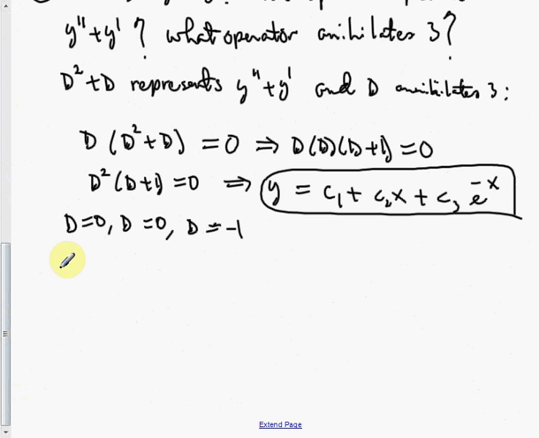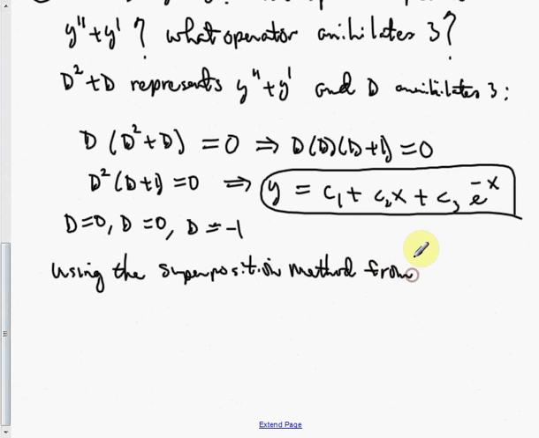So here, using the superposition method from section 4.4, let y sub p here equal to this c sub 2 times x, or you can write that as just a times x.